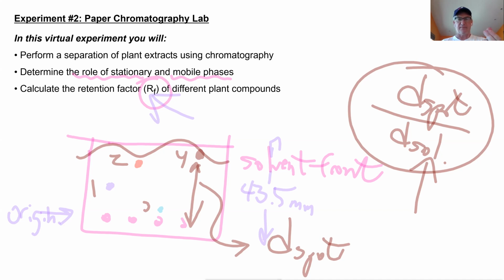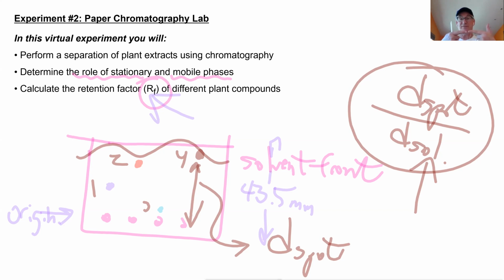Every molecule should have a slightly different retention factor based on that particular stationary phase and that particular mobile phase. If you change either one of those, you're going to get a different retention factor, but they should all be different for everything else too.